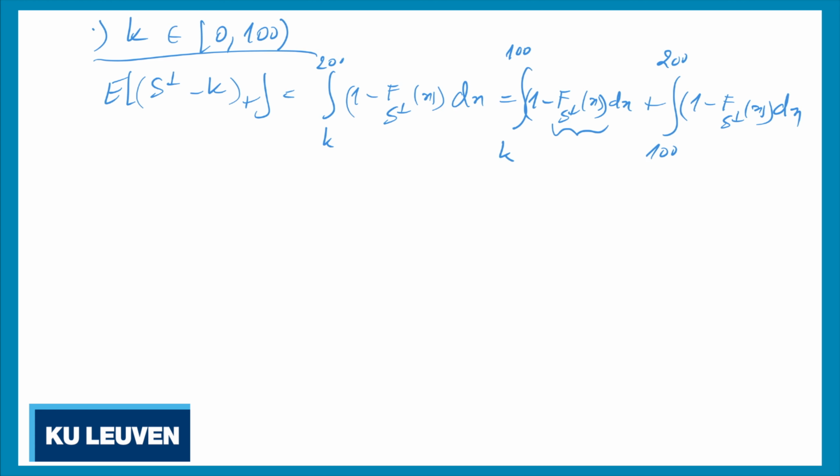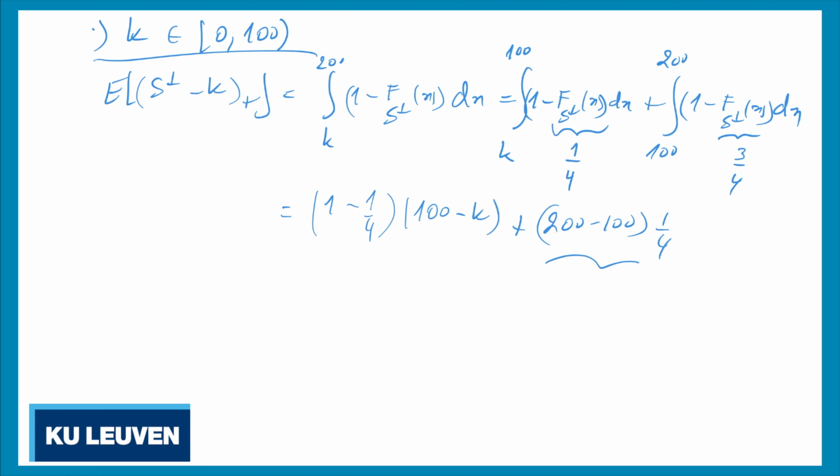Here the CDF is equal to 1 over 4, and here the CDF is equal to 3 over 4, which means that you get (1 minus 1 over 4) times (100 minus k), plus (200 minus 100) times 1 over 4, which is of course 25. So you find here 3 over 4 times (100 minus k), plus 25.